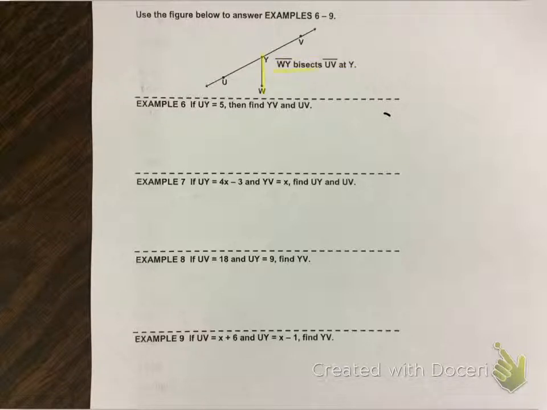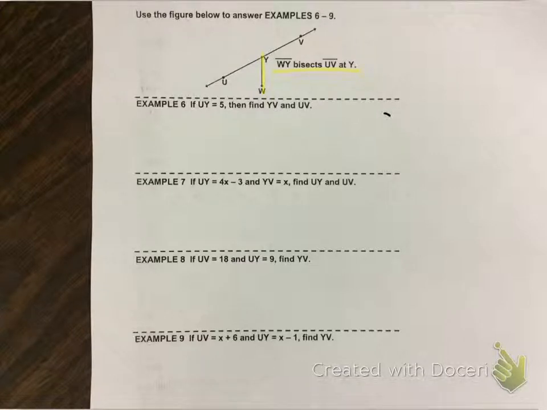So WY bisects that point, and bisects again means that it goes straight through the middle. For examples 6 and 7, and you can look at 8 and 9 too, I want you to use that figure along with our definition of a bisector to solve those the best you can. We'll talk about those here in just a second.